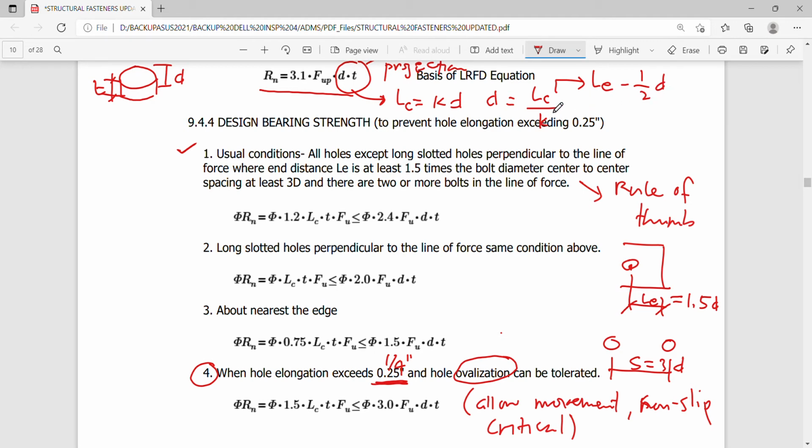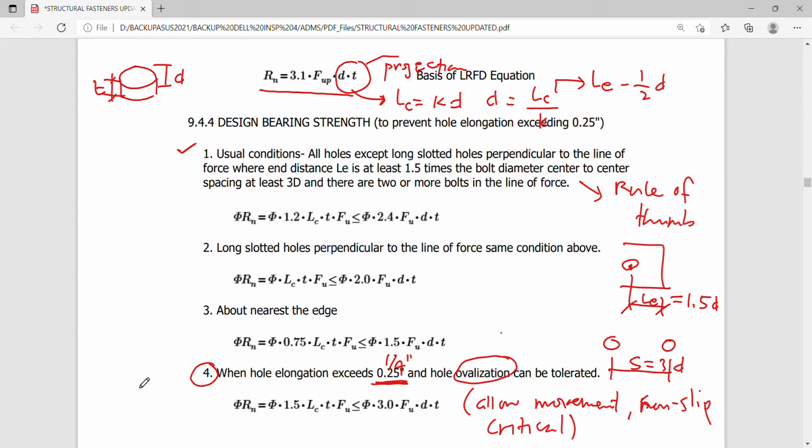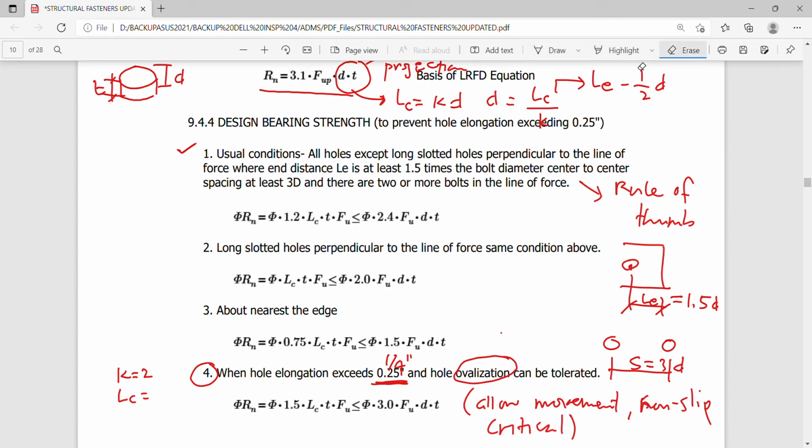So this is the relationship between LC and LE. Okay, so if I now consider my K value here to be 2, then my K is equal to 2, and I refer not to the value of K, but rather to the value of LC here.